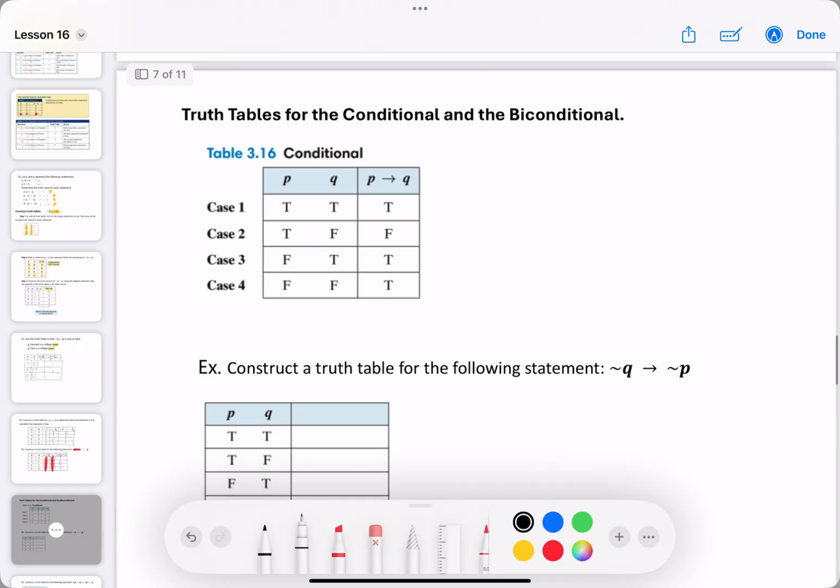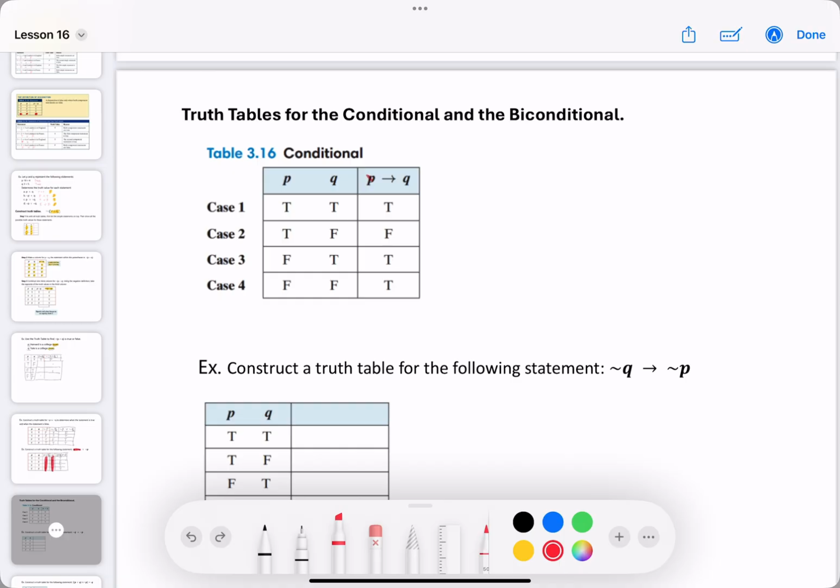So truth table for the conditional and biconditional. So the first one is conditional. For the conditional table, we also list true or false of the P and Q combinations in the first two columns. And the conditional means if, then.